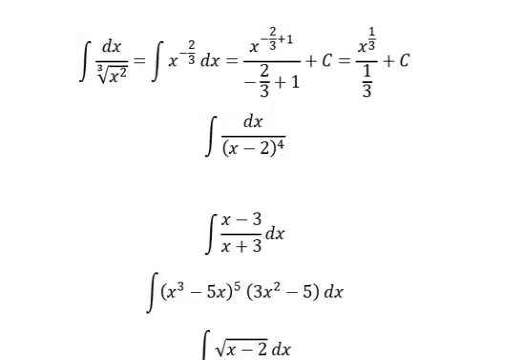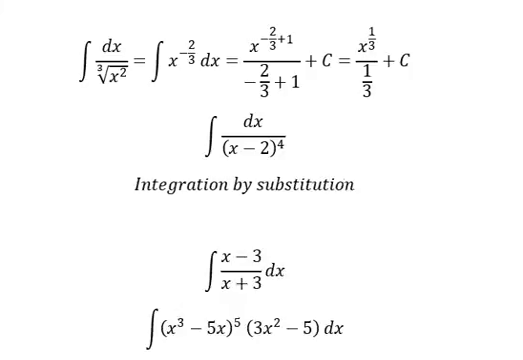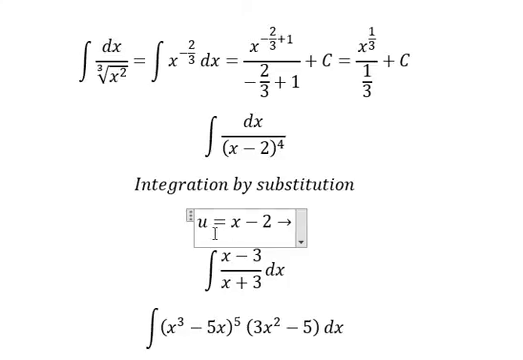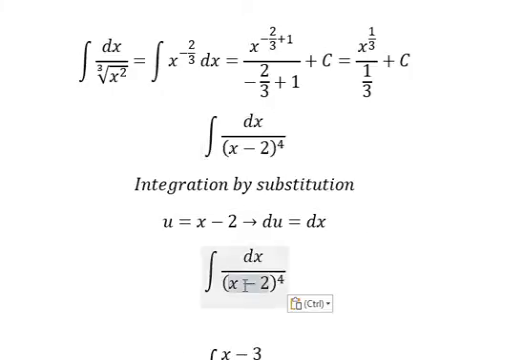This one, we can use integration by substitution. So I will put u equals s minus 2, and later we take the first derivative of both sides. This one we change to u, and the s we change to u.